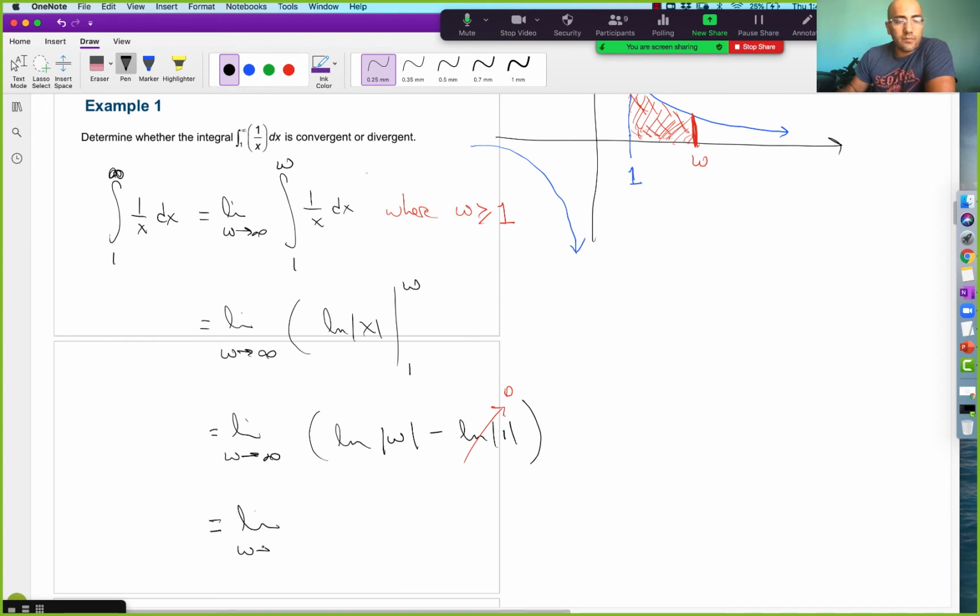ln of w as w goes to infinity, right? And we definitely know that w is greater than 1. So let's think about what the ln function looks like. The ln function looks like this. ln of x looks like this, where this is the x variable, and it crosses the axis right here at 1, where ln of 1 equals 0.